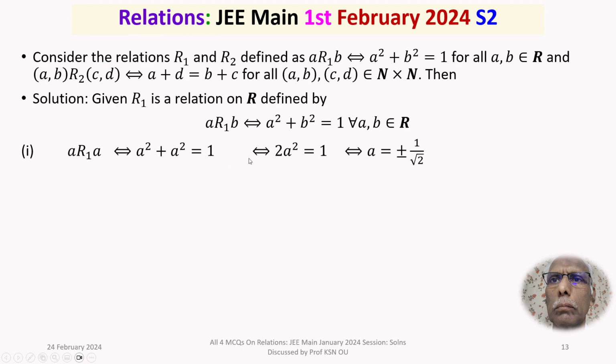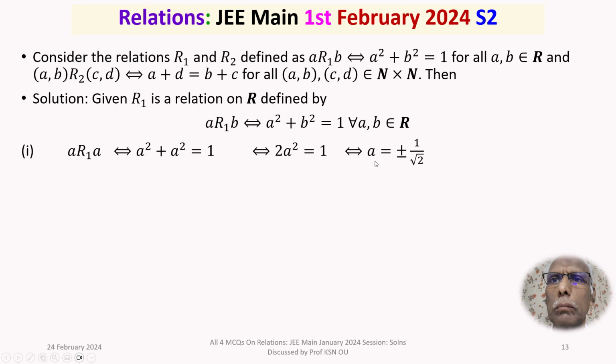That is, if and only if 2A square is equal to 1, if and only if A square is equal to 1 by 2, if and only if A is equal to plus or minus 1 by root 2. That means an element A from R will be related to itself by the relation R1 if and only if that element is plus or minus 1 by root 2.